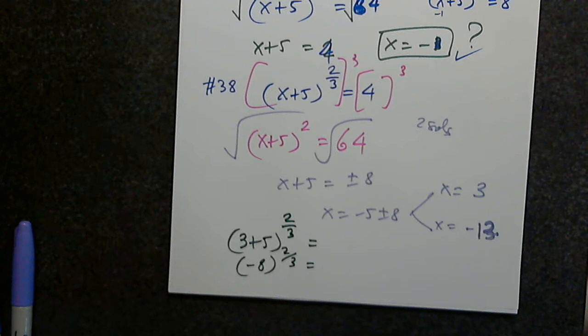And in parentheses, do not forget, -8 raised to the power 2/3, also parentheses 2 divided by 3, because it's an operation. And the answer has to be 4. And that happened because we raised both sides to an odd power. That will always be true.